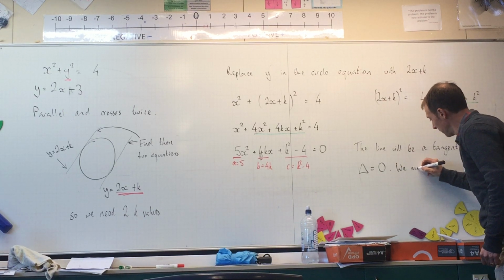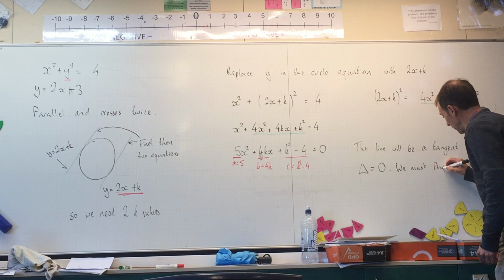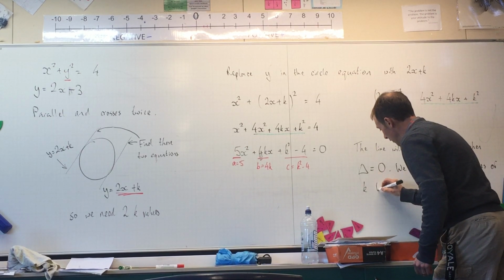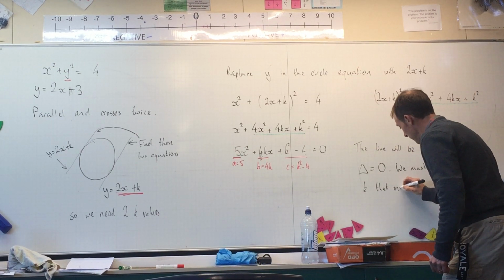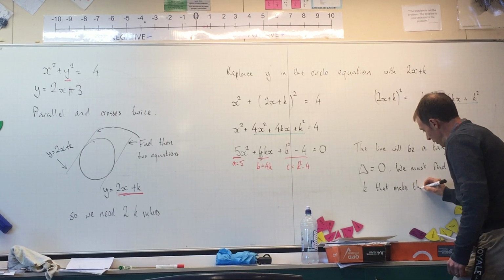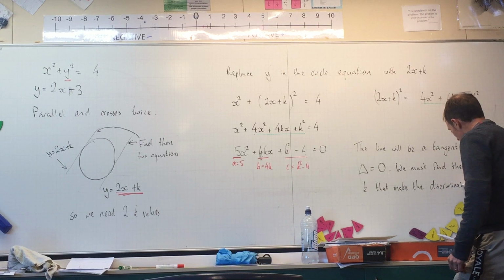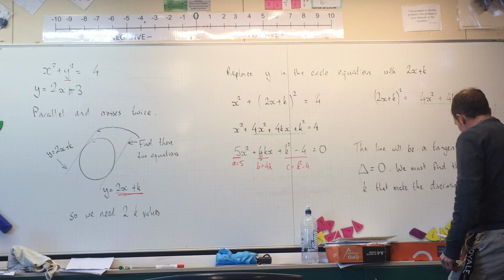We must find the values of k that make the discriminant 0.